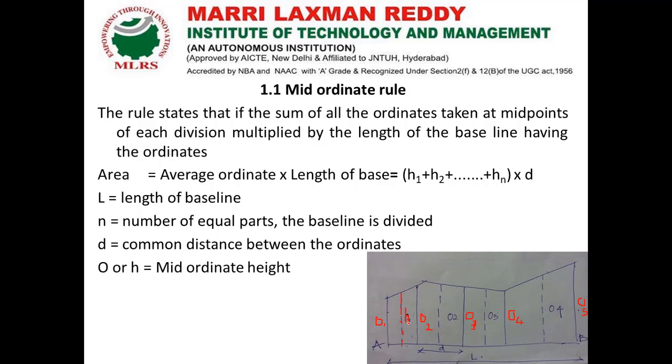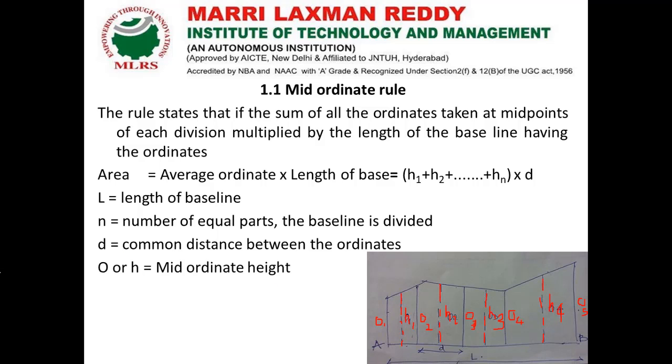I'm going to take this as h1, this as h2, that is the midsection of two ordinates, h3, h4, like that. It can continue up to however many measurements we have taken.